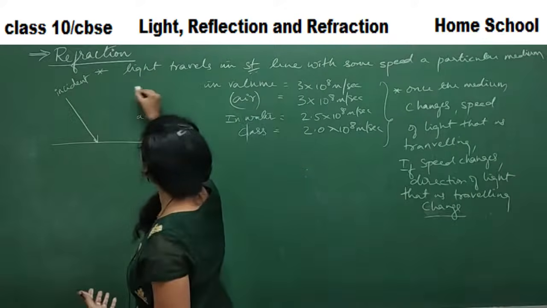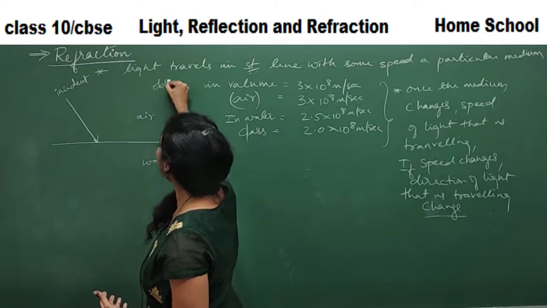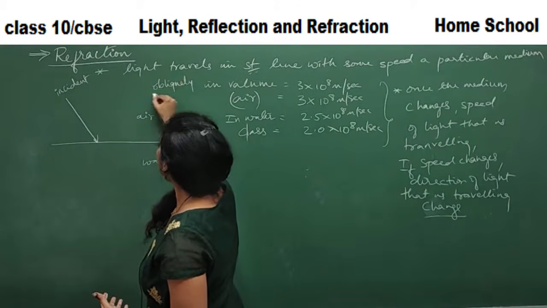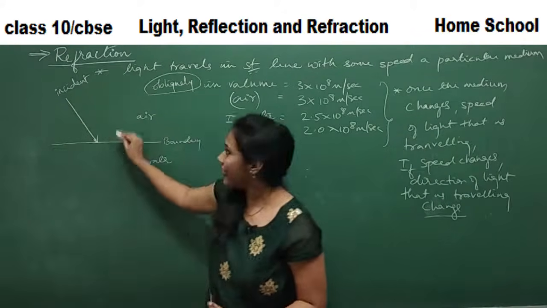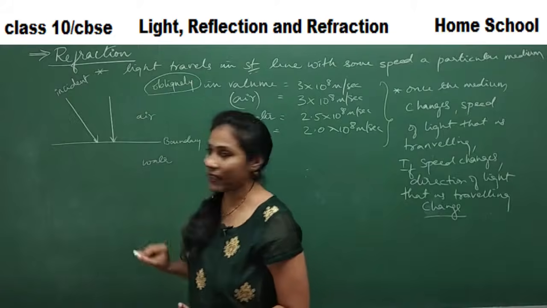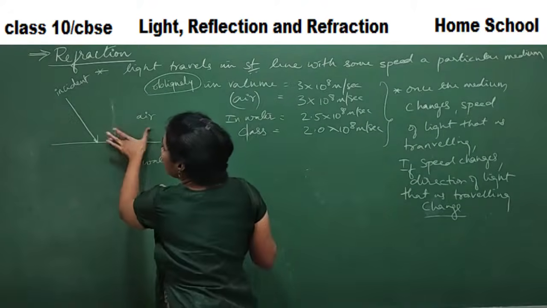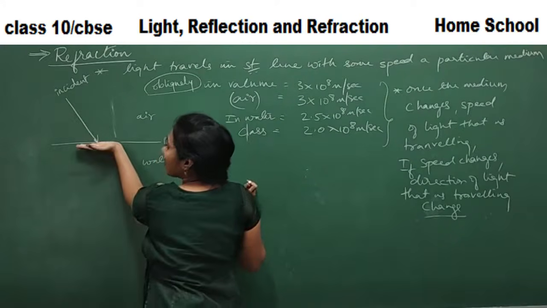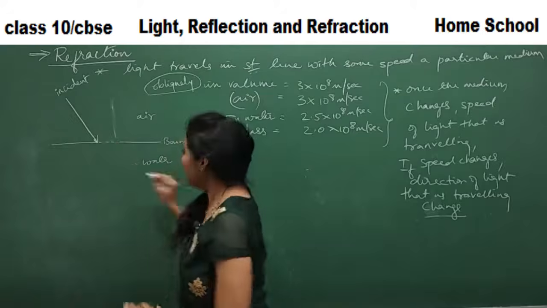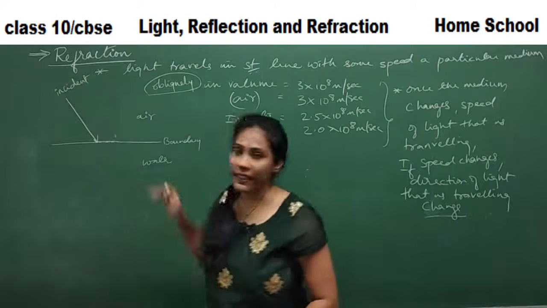Obliquely in the sense what? What is the meaning of the word obliquely? It is coming slantly. It is not coming straight away. It is coming making some angle at the boundary. So that is what we mean by a light ray coming obliquely.